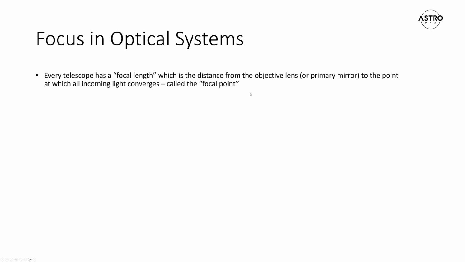It's where all the light meets at one point, and that's called the focal point. And the focal length is just a measure of the distance from that focal point and your objective lens.